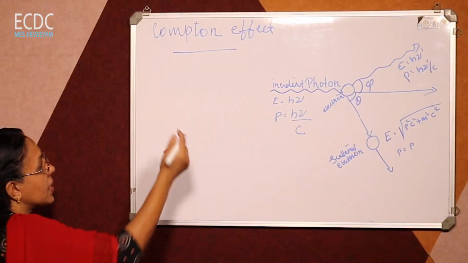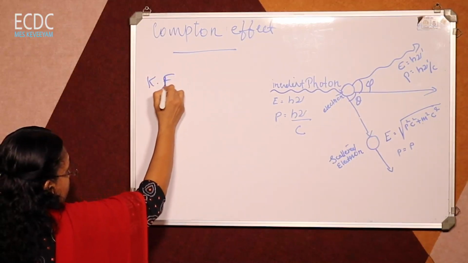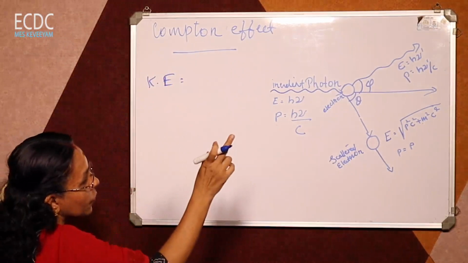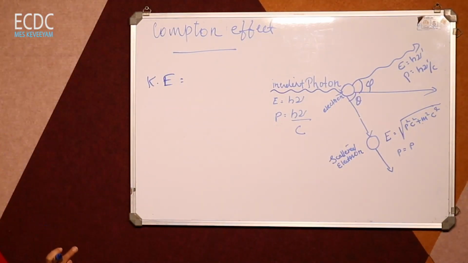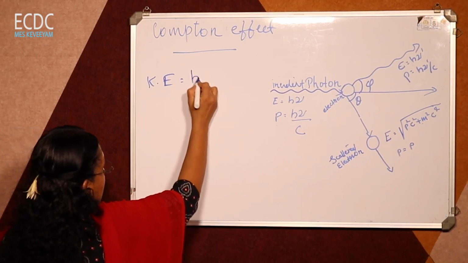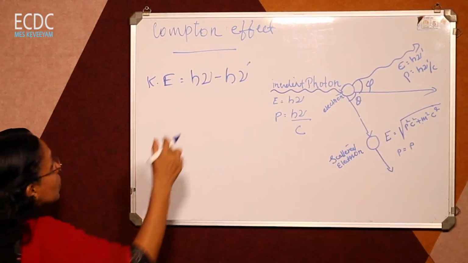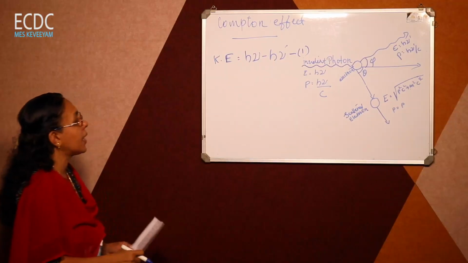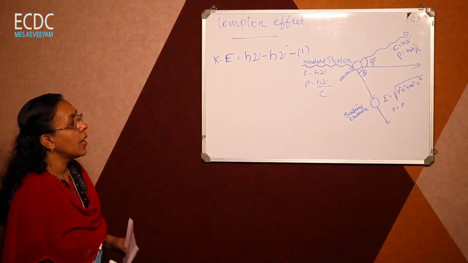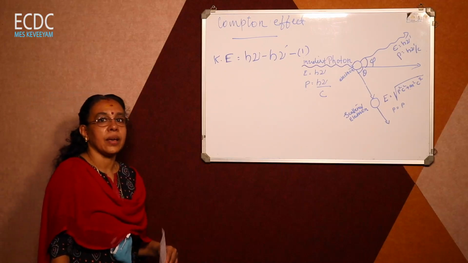So the loss of energy of the photon is converted into the gain in kinetic energy of the electron. During this interaction the photon loses energy and the electron receives energy in the form of kinetic energy.